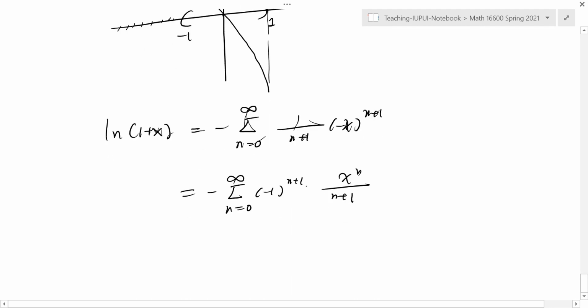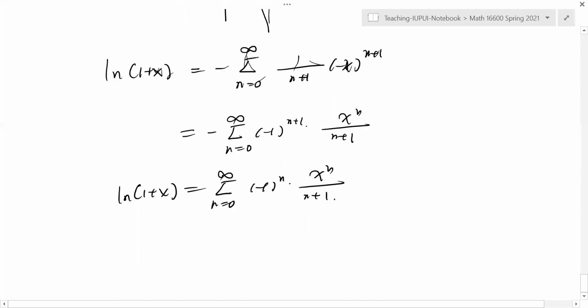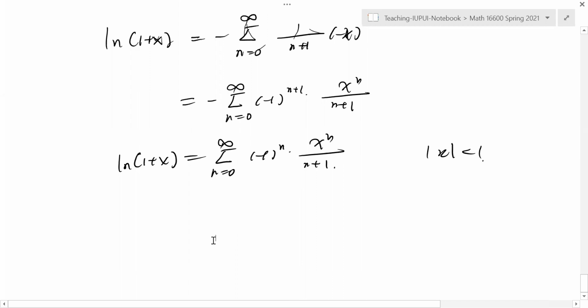Then you multiply by this negative 1, moving it to the inside, so it will be negative 1 to the nth power. So this is another interesting formula. This also holds for absolute value of negative x less than 1, so that's the same condition.